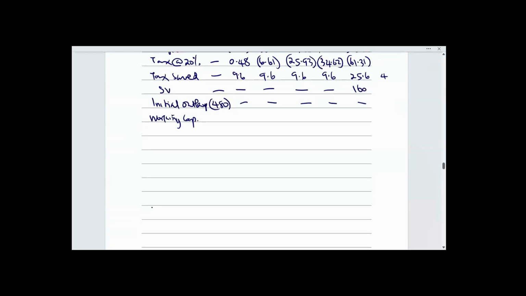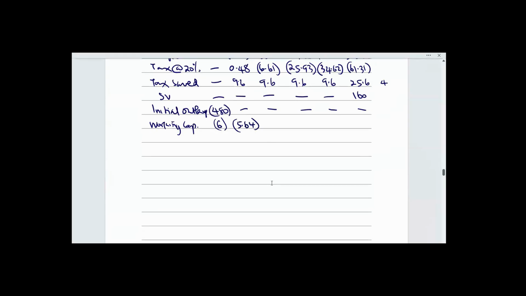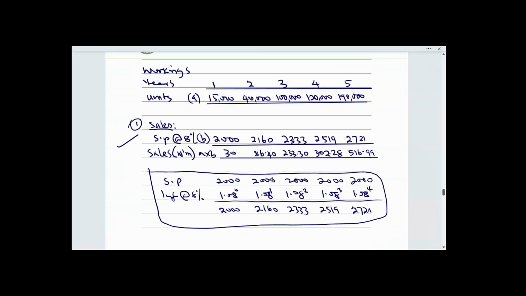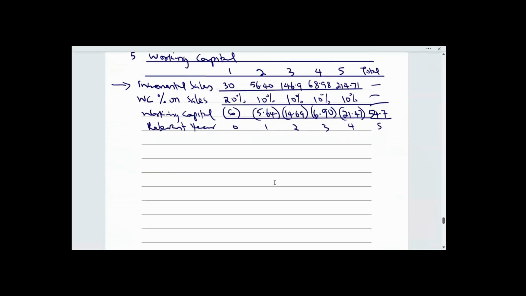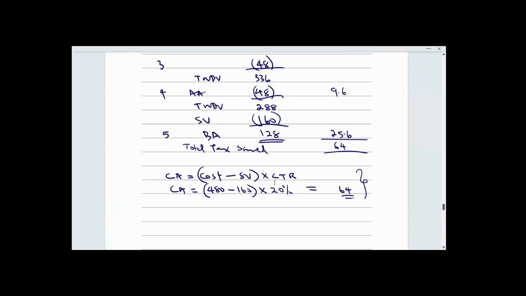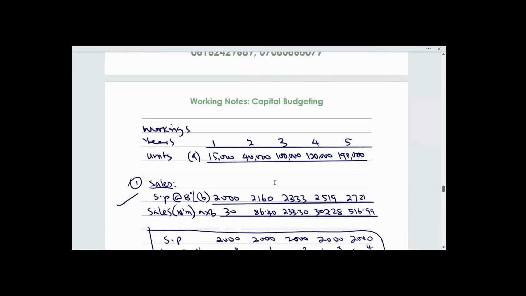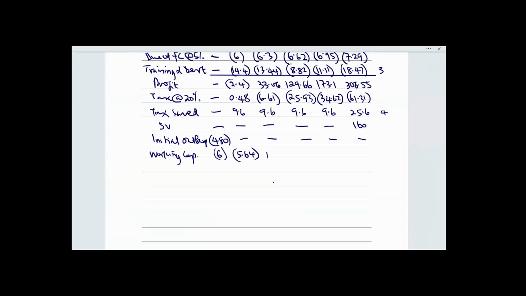Okay, so the first year is 6, then 5.64. In year 0, this is 6, then 5.64. What's the next one? 14.69.